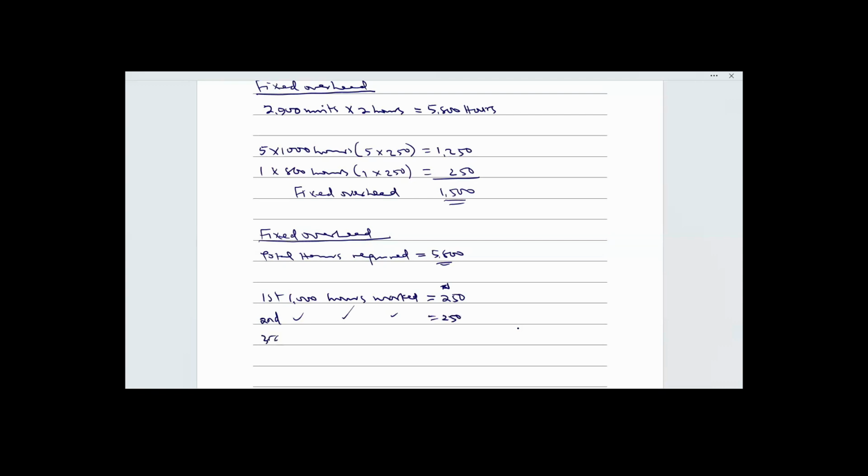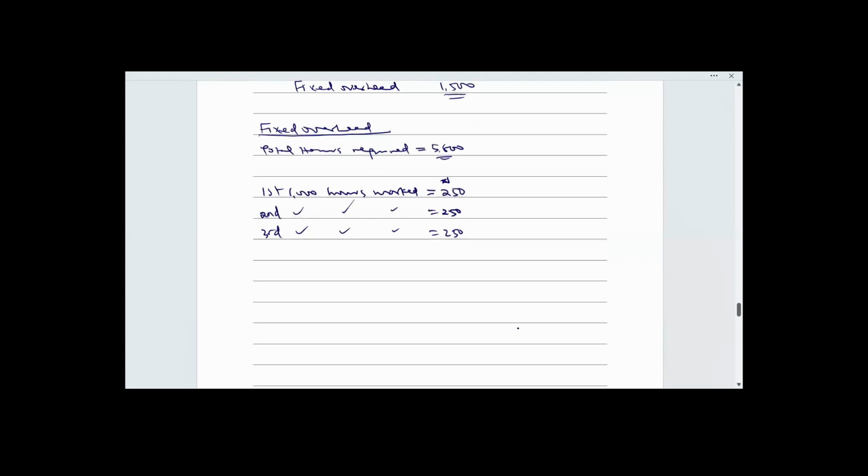The third 1,000 hours, 250. The fourth 1,000 hours, another 250. The fifth 1,000 hours, 250, because I can only find 5 1,000s in 5,800.